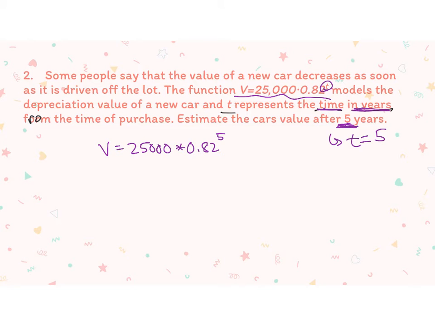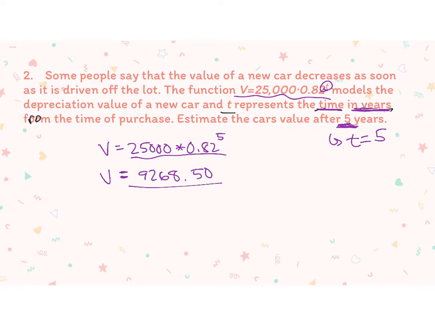And again, I'm just going to type that into my calculator. 25,000 times 0.82 raised to the 5th. And I end up with 9,268 and about 50 cents. So again, there's my result mathematically. There's me simplifying this mathematical expression, and there's my answer.